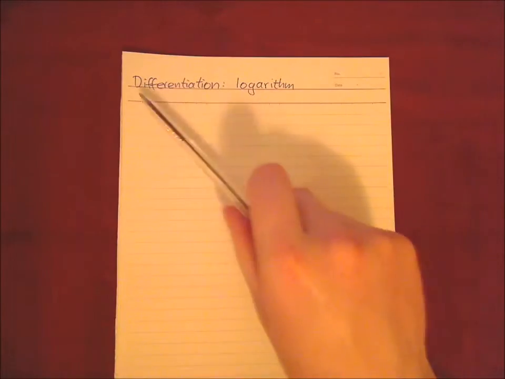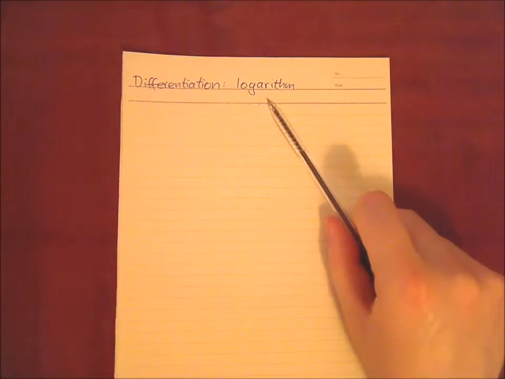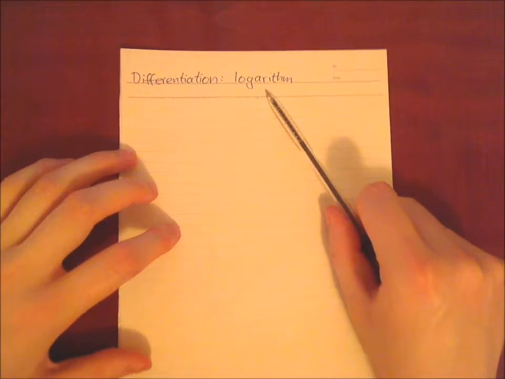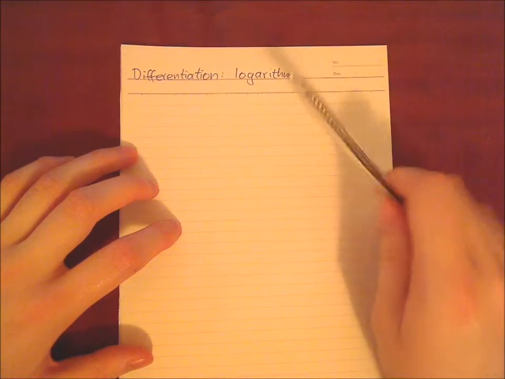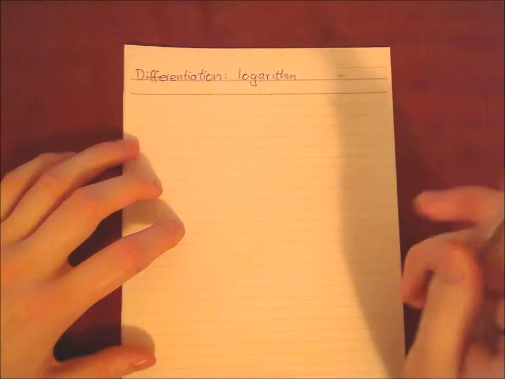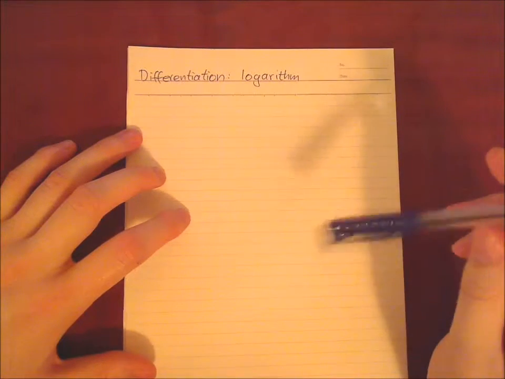How to do differentiation when you have a logarithm. This is actually very easy compared to the chain rule or also the product rule or power rule. Very easy.